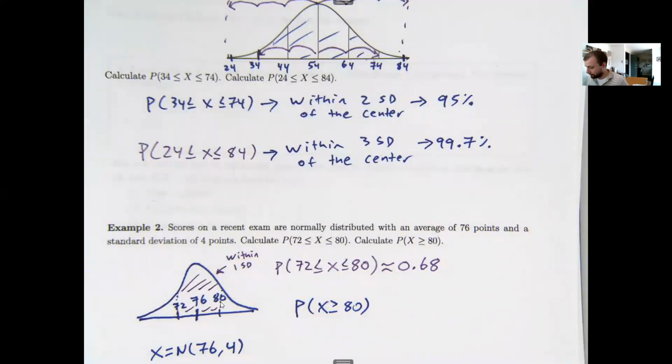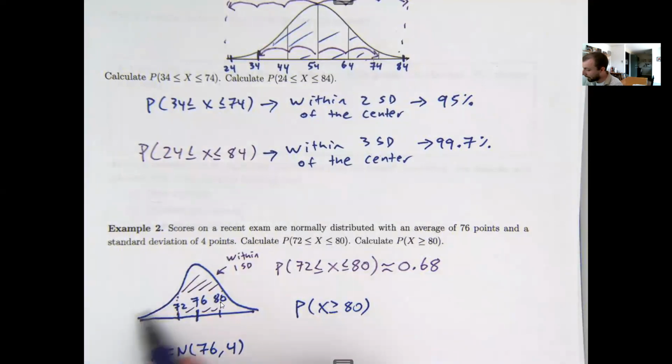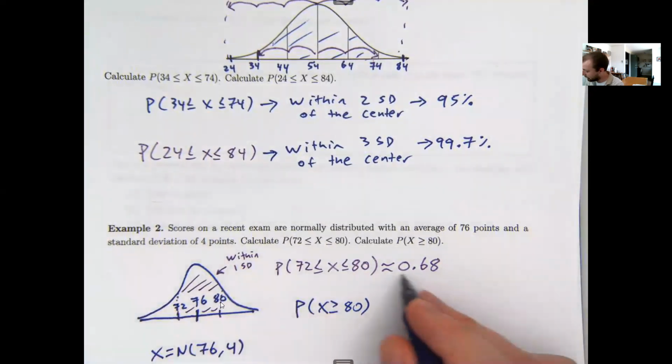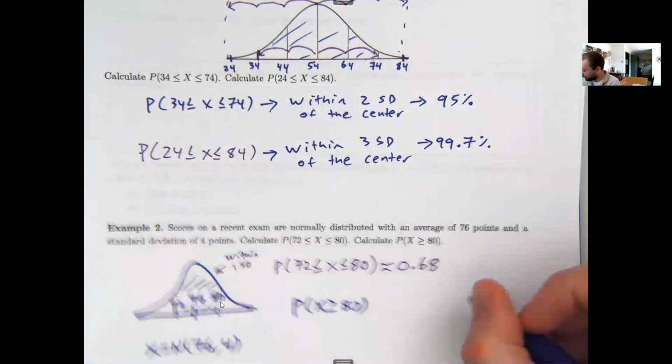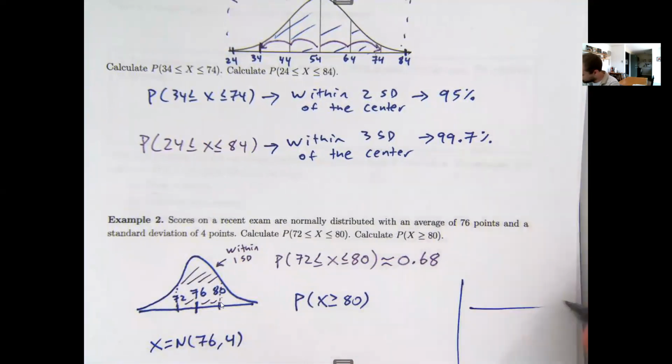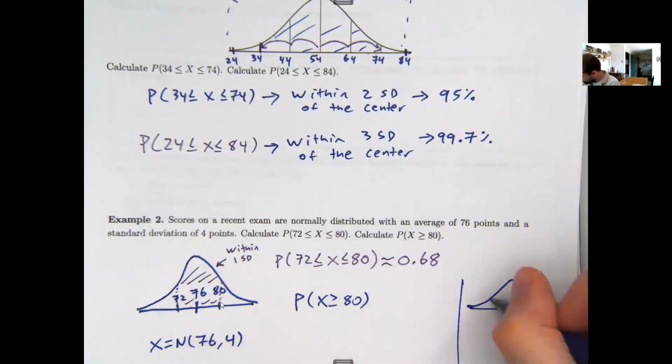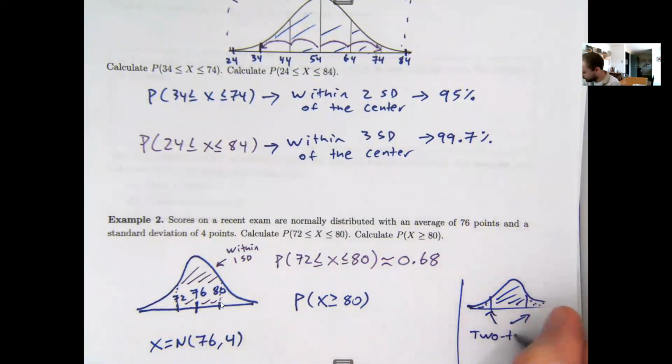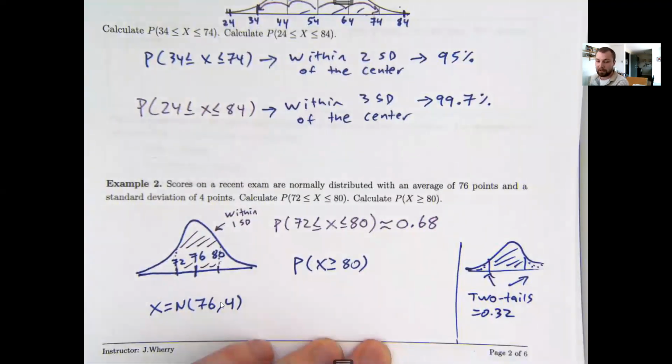Let's take a look. So the entire curve is 100%. So if the entire curve is 100% and I have 68% so far, this tells me that the size of these two tails that I have dotted here must be the remaining 32%, the complement of 68.